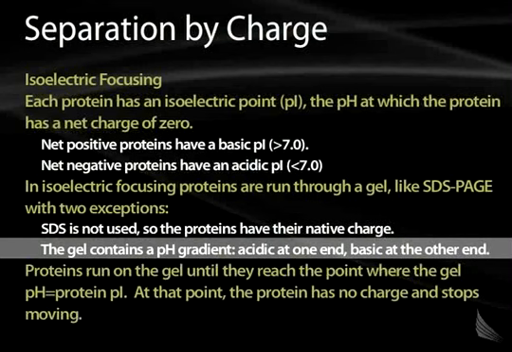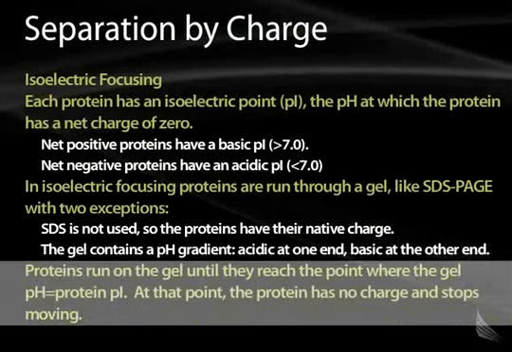So we put the proteins on the gel, we apply a charge, and the proteins will run in the gel until they reach a point in which the gel pH is equal to that protein's isoelectric point. At that point, the protein now has no charge, and so it stops moving in the electric field. And that way we're able to separate proteins based on their isoelectric point.